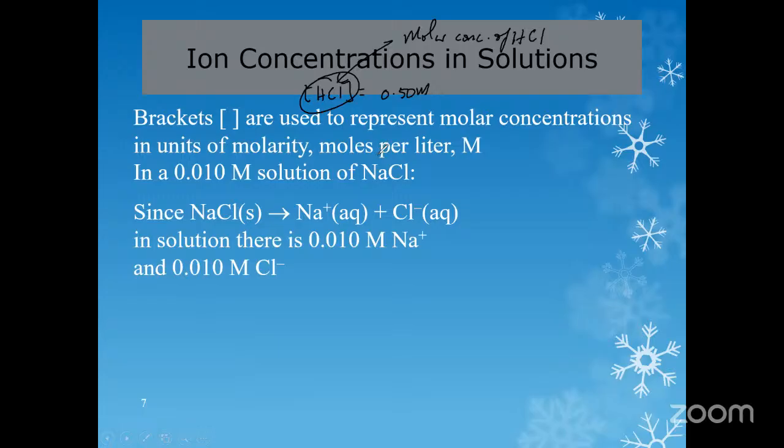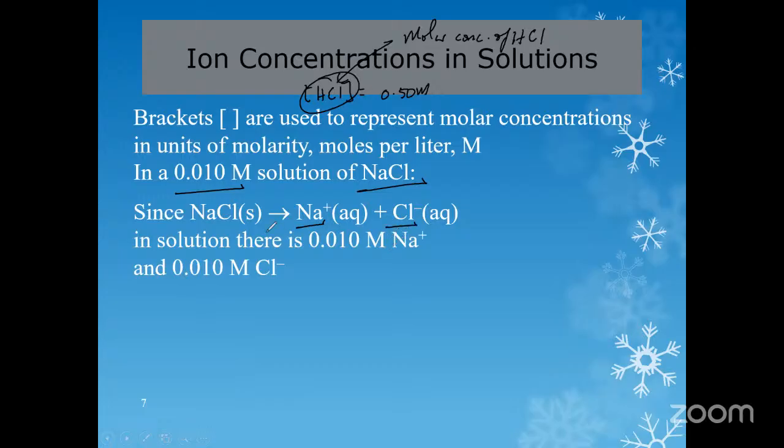Now, let's look at what happens when we start off with a solution of sodium chloride where the molarity is 0.010 M, right? Now, sodium chloride is an example of a strong electrolyte because when sodium chloride is added to water, all of it dissociates to form sodium and chloride ions according to this equation, right?